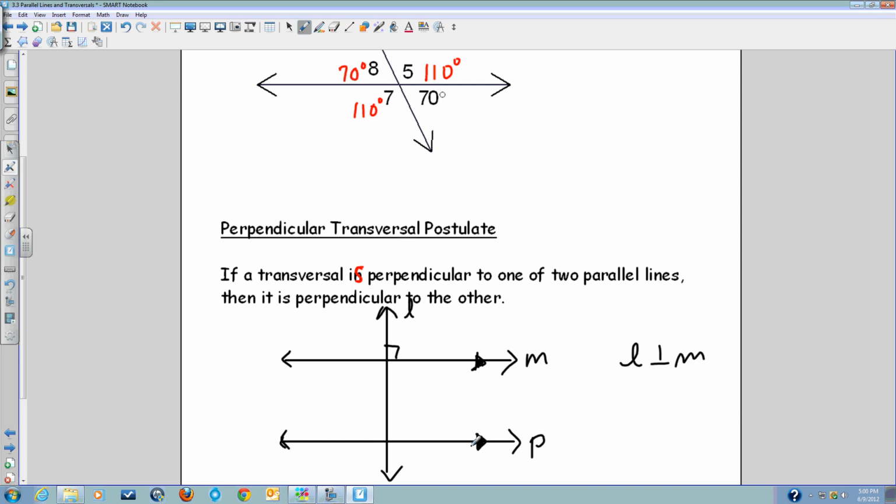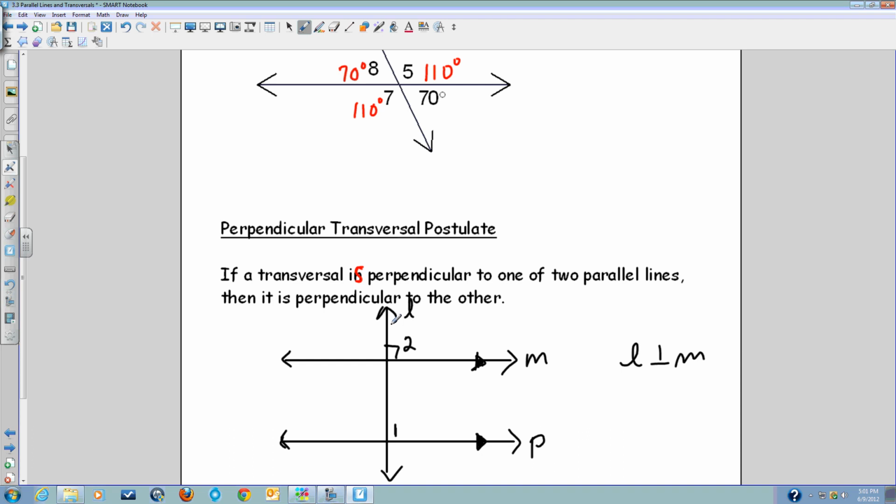Because think about it, if these lines are parallel, let's call this angle 1 right here. And here we have angle 2. Angle 1 is going to have to be congruent to angle 2 because they're corresponding angles. And therefore, if angle 2 is 90 degrees, so must angle 1 be.